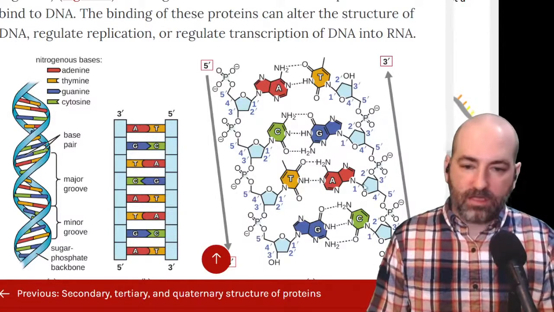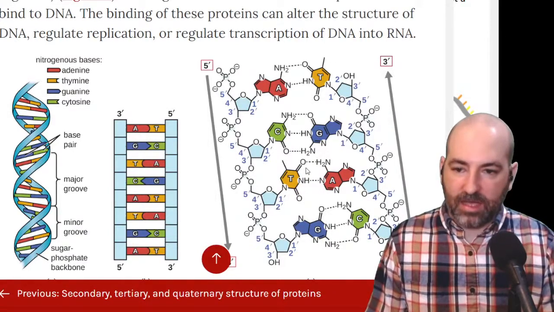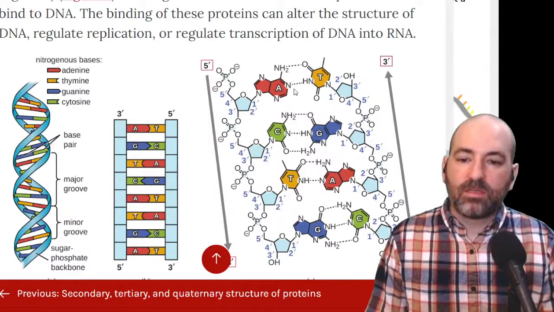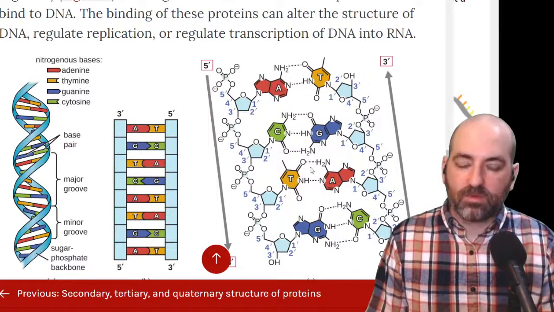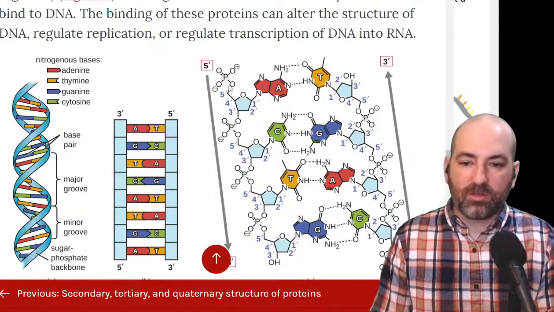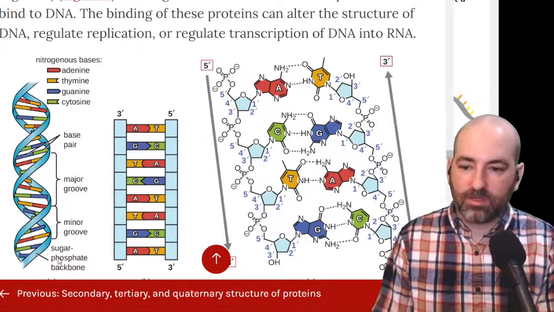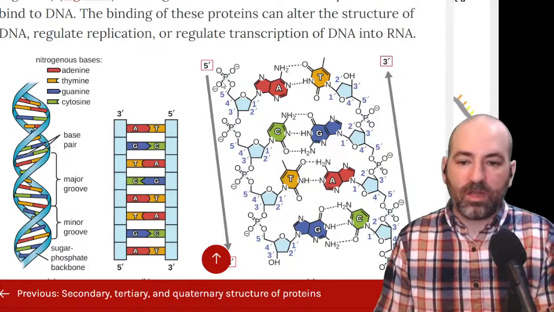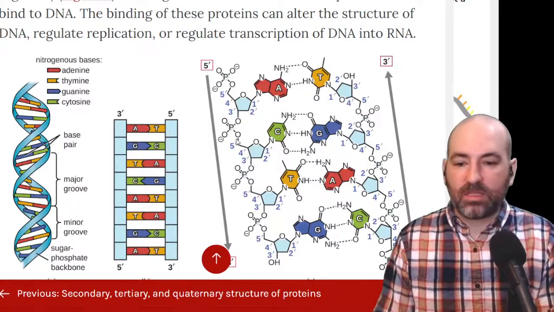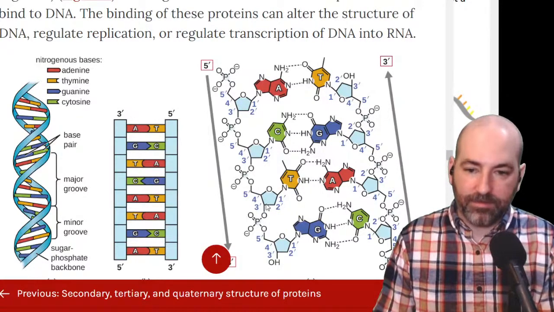Okay, so that's our nucleic acid strand. The whole thing is the individual strands, which are made of a sugar phosphate backbone, which are alternating phosphates and sugars connected by a phosphodiester.